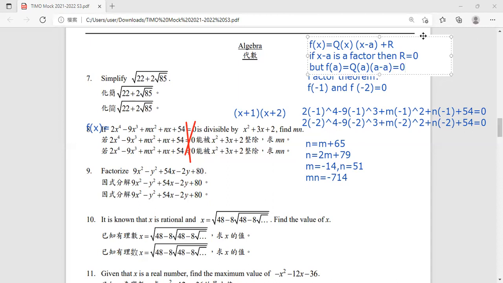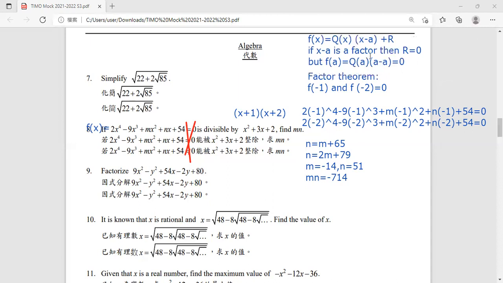So if x minus a is a factor, f(a) will be 0. Now x plus 1 is a factor, so x minus negative 1 is 0, so f(-1) is 0.